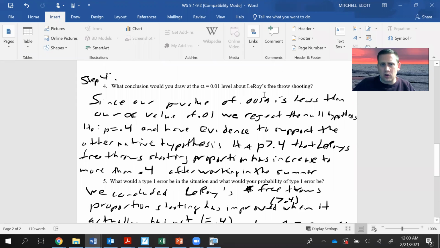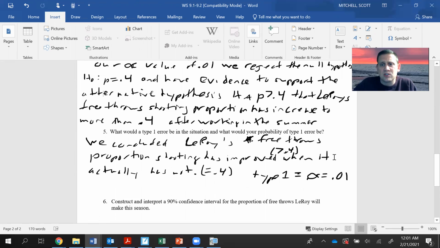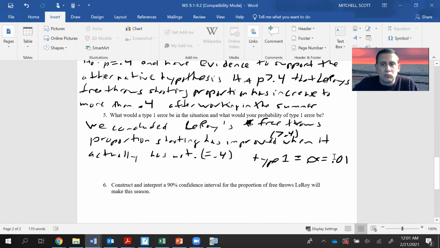Remember, we compared our p-value to the actual alpha level. So if our p-value is smaller than the alpha, which it is here, we're going to reject. So this is the value that made us go with the alternative hypothesis. So we got to put it in context. Think of it as a false positive or false negative.